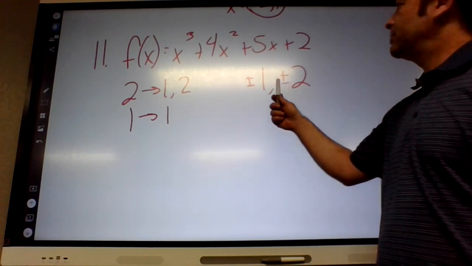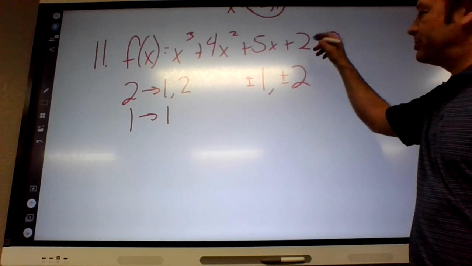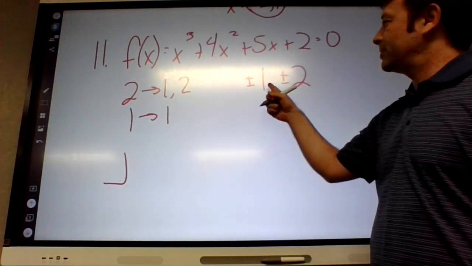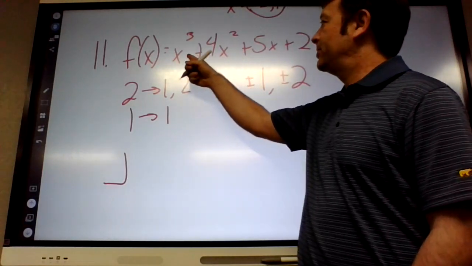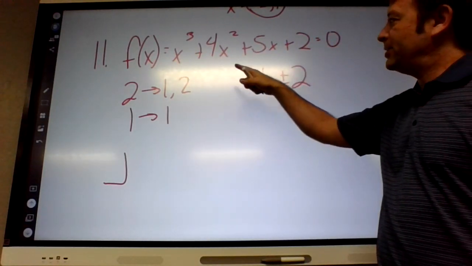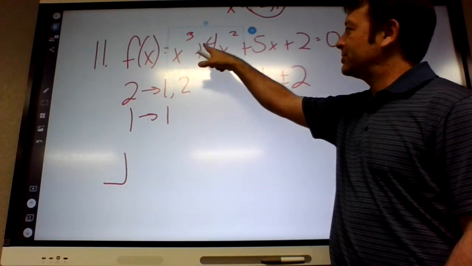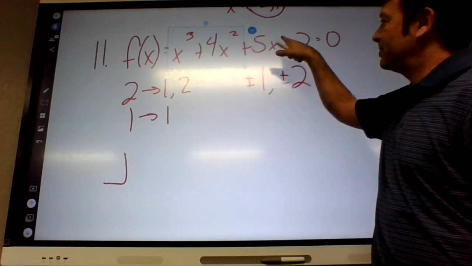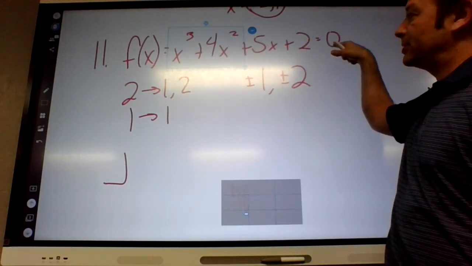Oh yeah. So usually before I do the synthetic part, you could try the numbers using synthetic, but I like to just plug numbers right here to see if it equals 0. I know 1 is not going to work because all of these terms are positive, so it'll just get higher and higher. There's no way it'll equal 0.